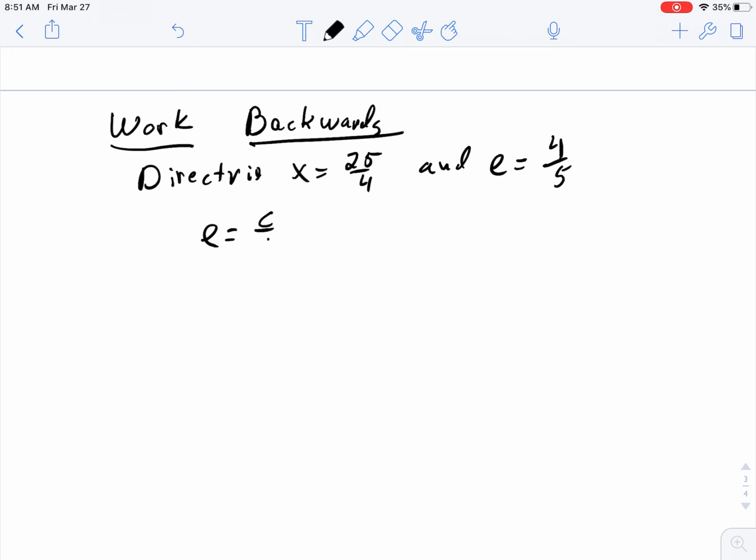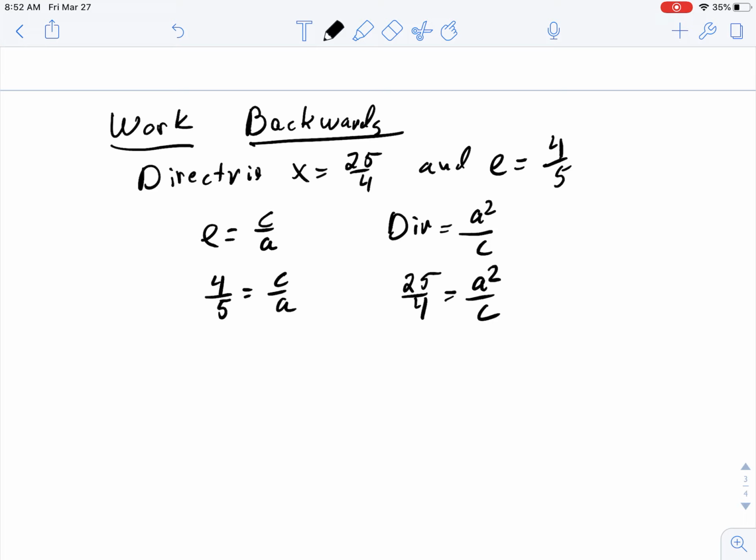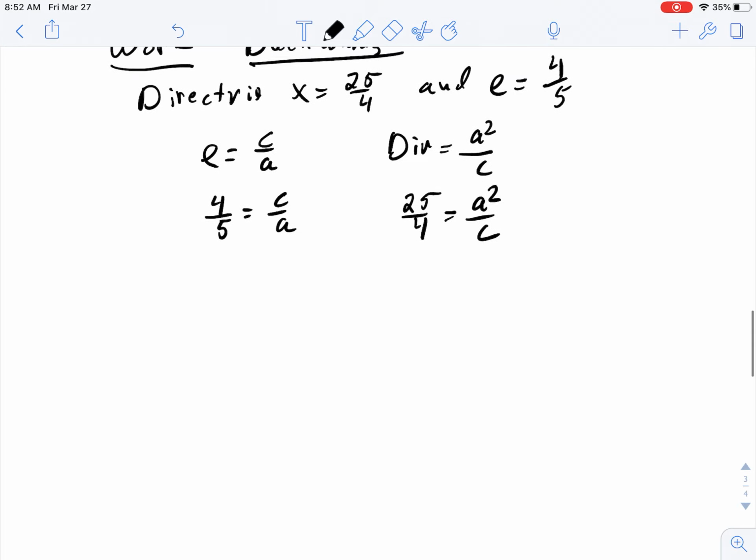So let's say my e equals c over a, and my directrix of a squared over c. So if I plug in, my eccentricity is 4/5 equals c over a, and my directrix is 25/4 equals a squared over c.